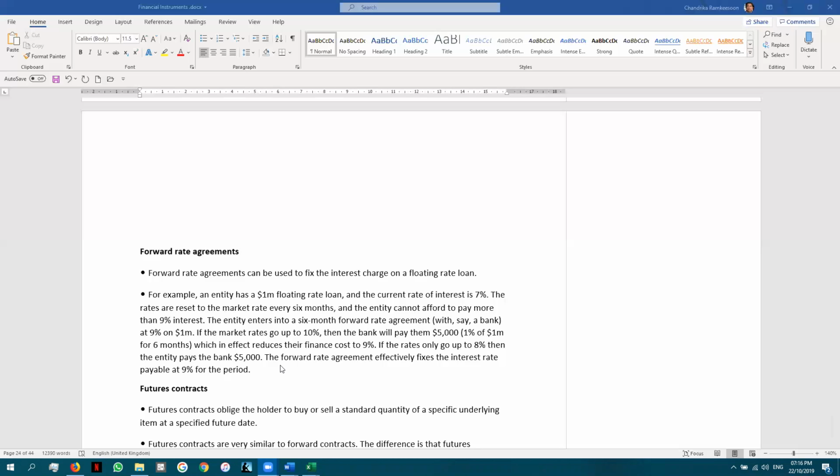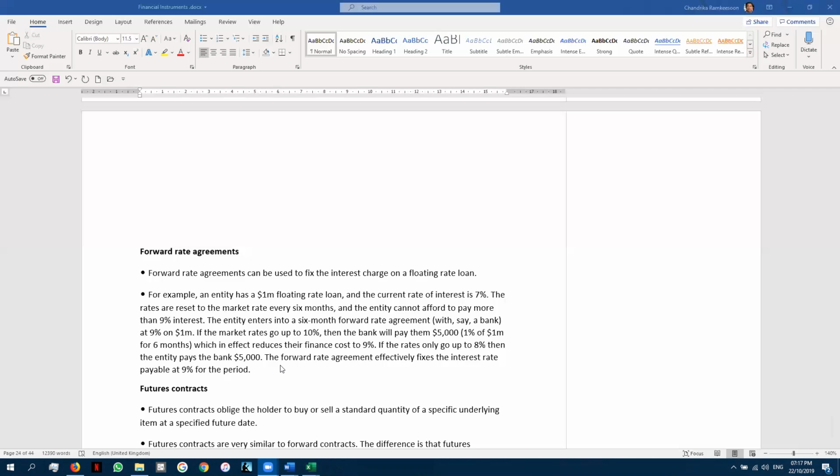If he's an investor, meaning he has a deposit which is subject to a floating rate, he's fearful that interest rates may fall, as it's rolled over every 6 months. Again, one way to protect himself is to use a forward rate agreement, because forward rate agreements can be applied both to loans and deposits.